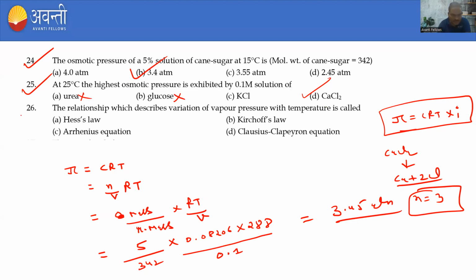Now, the next is a statement-based question. The relationship which describes the variation of vapor pressure with the temperature is nothing but the Clausius-Clapeyron equation. So let me write this equation as well.